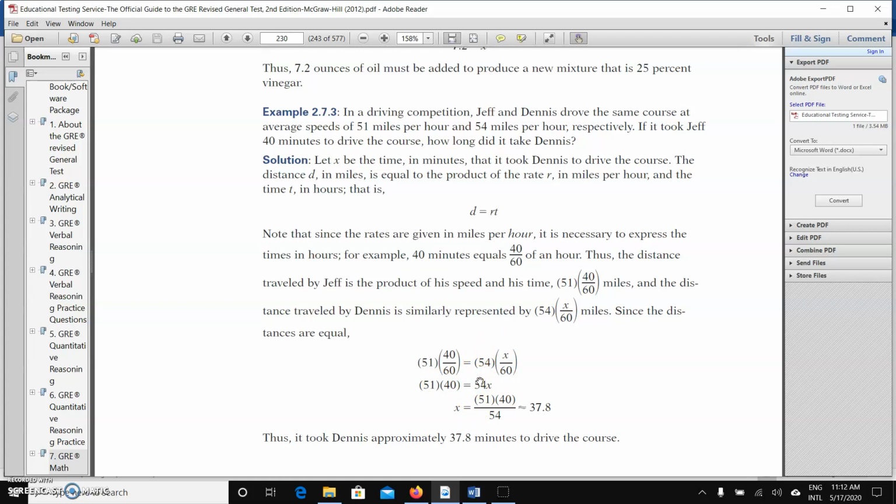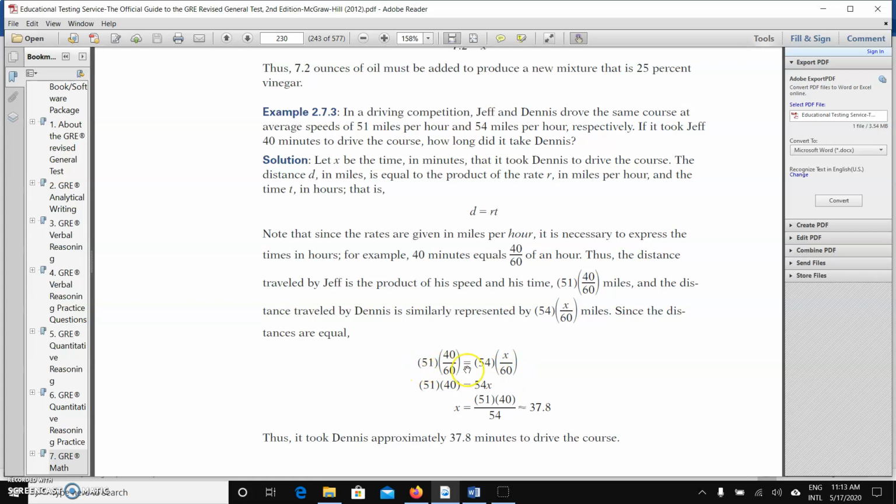Logically, we expect that since this guy is using a higher rate, 54, it is completed in a shorter time, right? It should be in a shorter time. So you equate it together because distance equals rate times time on both sides. When you input those two, you solve it and get your answer.